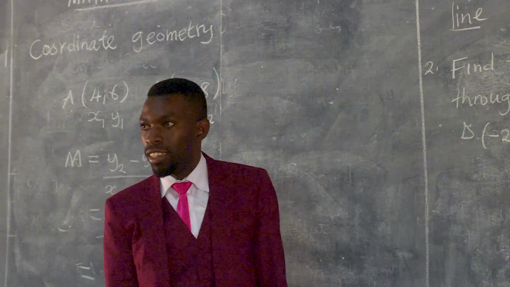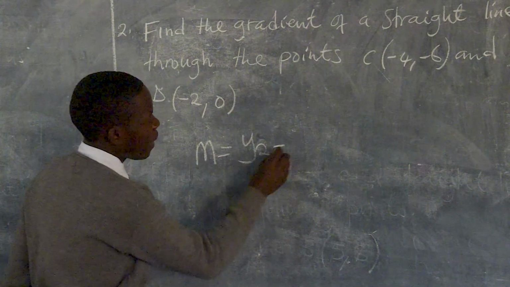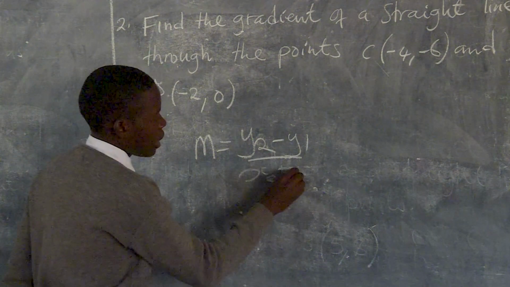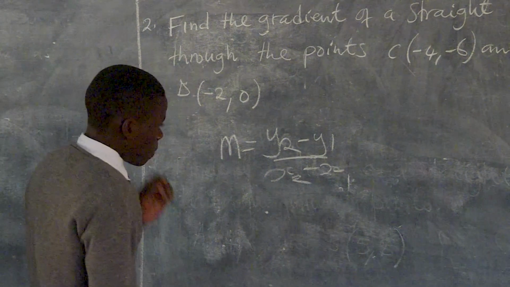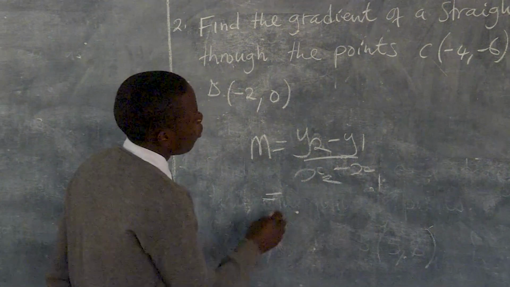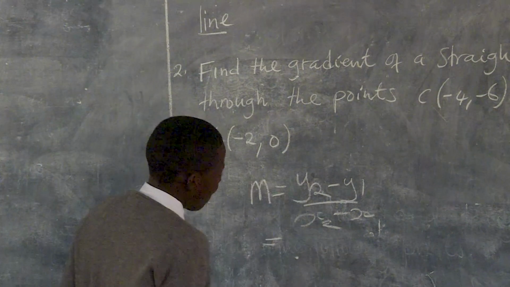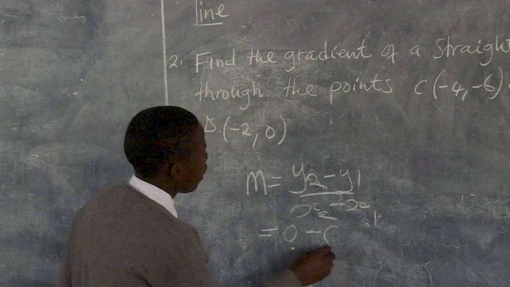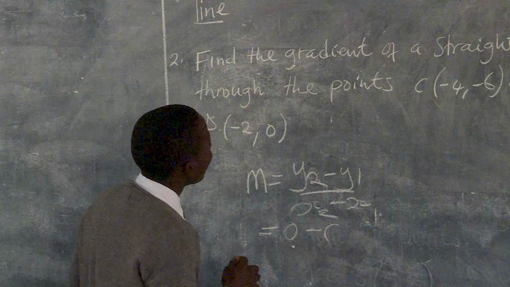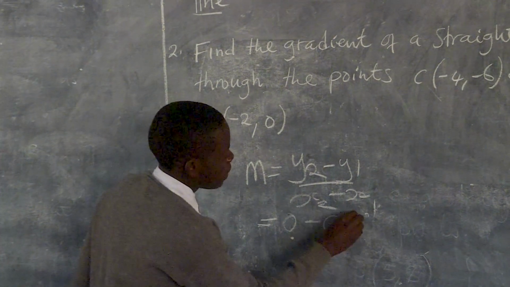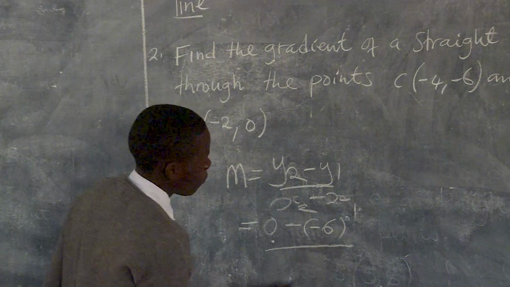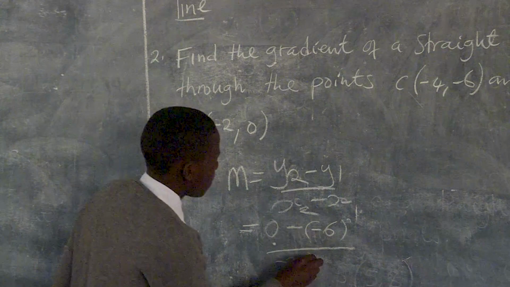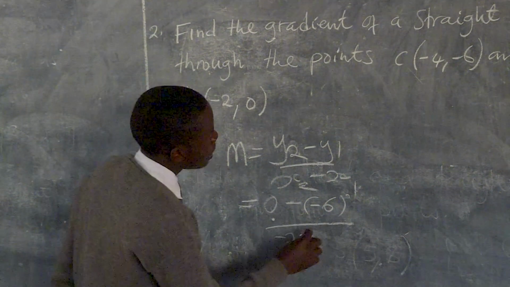M is equal to y2 minus y1 over x2 minus x1. y2 is 0 minus y1, -6, over x2 minus x1.